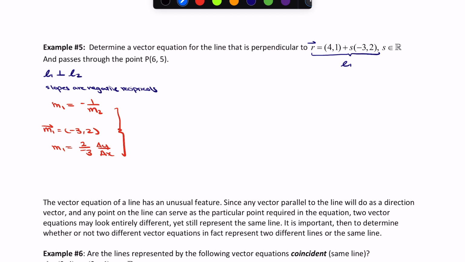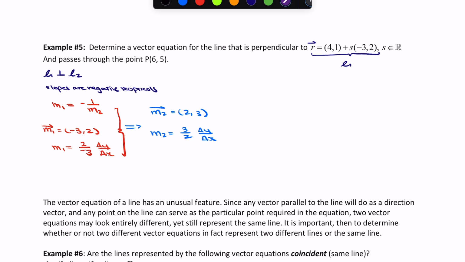And so here, that means that our direction vector for M2 will be equal to 2, 3. And so M2 is equal to 3 over 2, which again represents our delta y over our delta x.